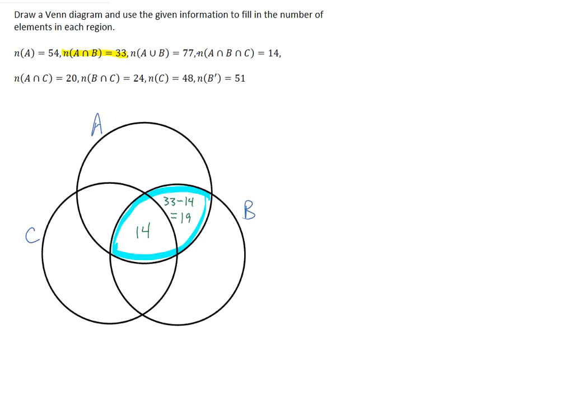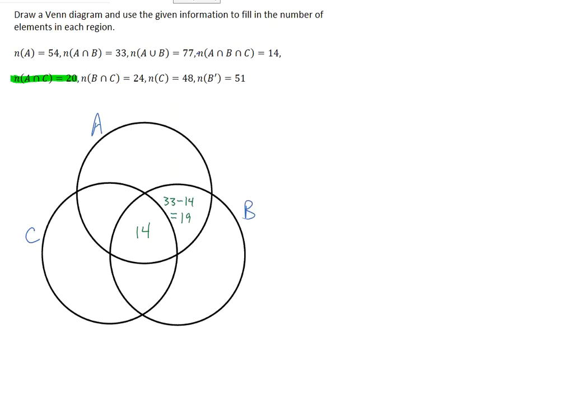So once I got that one taken care of, what I want to do is go back to my information and start scanning for another intersection of 2. It may not be there, but I'm hoping it is. So I scan along, and the next time I see an intersection of 2 sets is this one here. And that's the cardinality of A intersection C is 20.